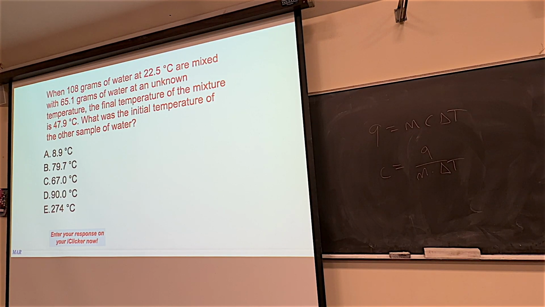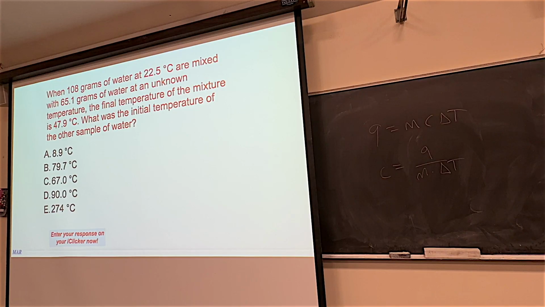So you could have MC delta T hot equals minus MC delta T cold. My question was, because it's just asking about the temperature, is it asking about the energies or asking about the temperature specifically? I want you to tell me what temperature of the other sample is needed to combine with this sample and make a final temperature of 47.9.